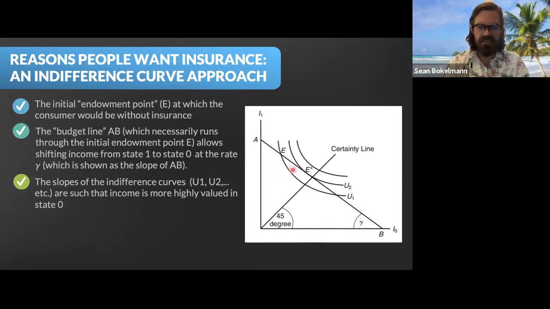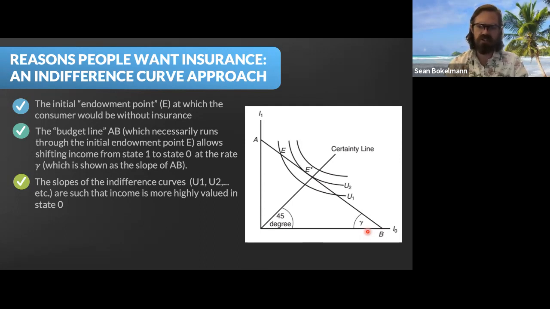Now, it's not really easy to tell this from how it's drawn, but these indifference curves are drawn in such a way that income is more highly valued in the bad state, which makes sense, right? If you're healthy, $1 is less valuable than $1 if you're sick, right?